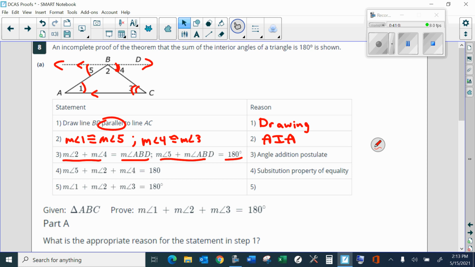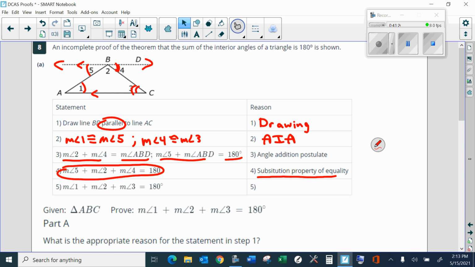Okay, and notice they're using substitution. So you have 5 plus 2 plus 4 adds to 180. Substitution property. Okay, to me, you could have jumped right to this with straight angle property. I suppose I need to do this step 3.